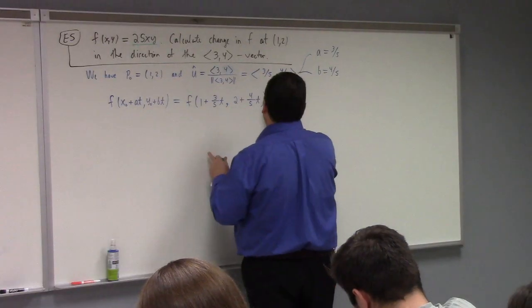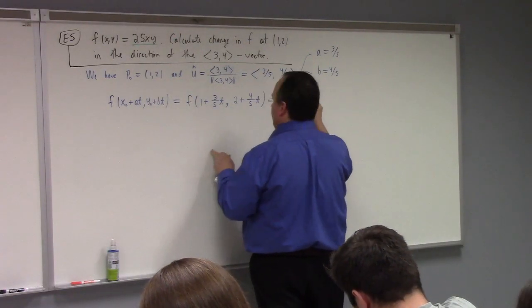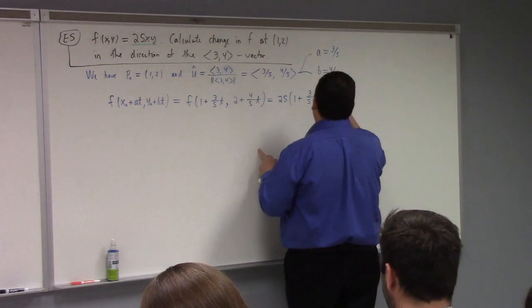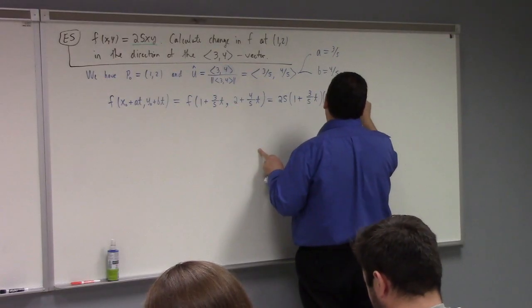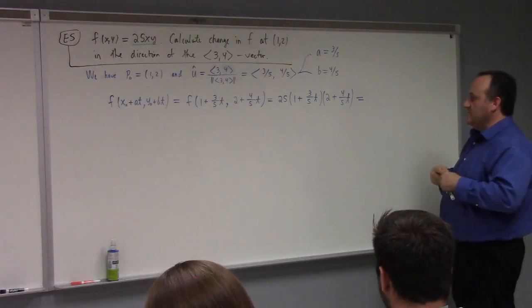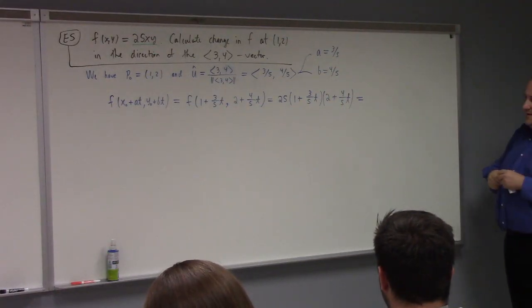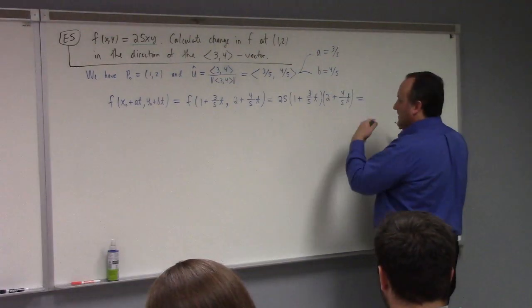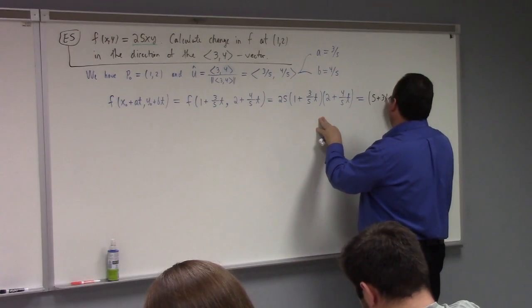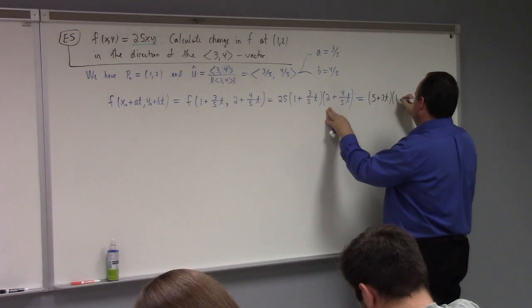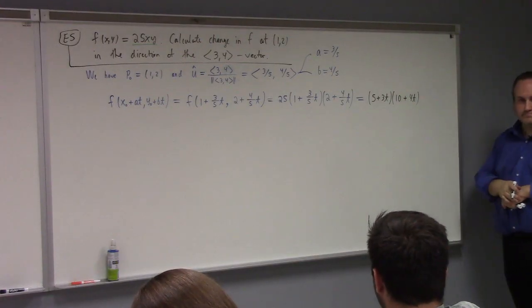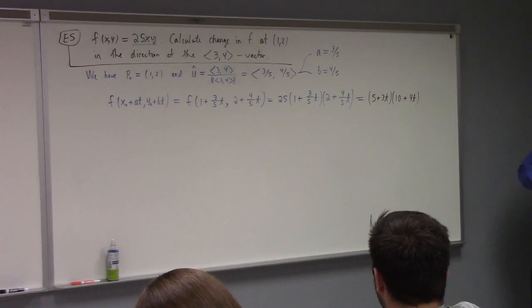Let's do it. 25 times 1 plus 3/5 t times 2 plus 4/5 t. Whenever we can devote fractions to destruction, we do so. So 25 is 5 times 5. If I absorb a 5 into each of these factors, I get 5 plus 3t, and I get a 10 plus 4t. And why stop there?